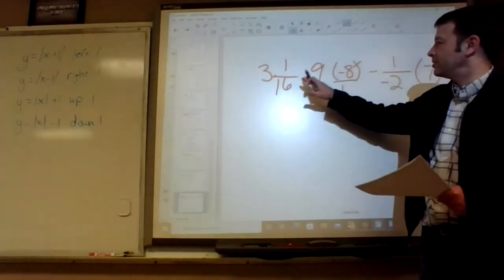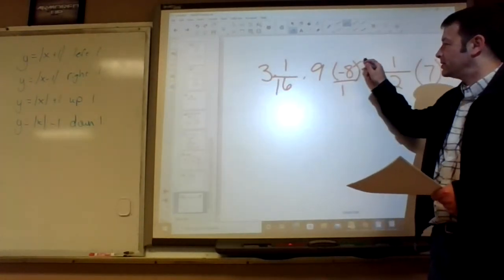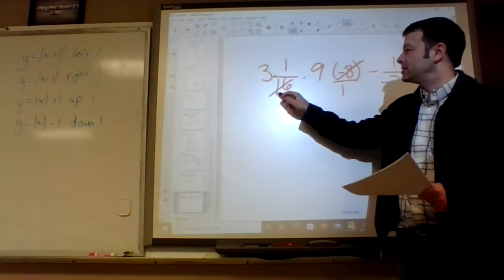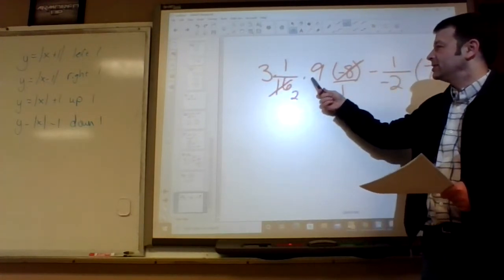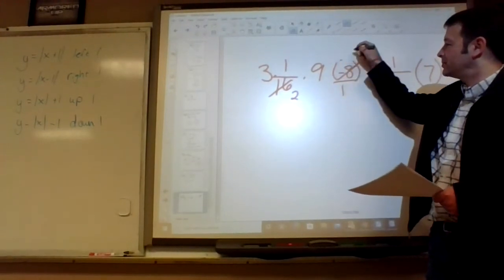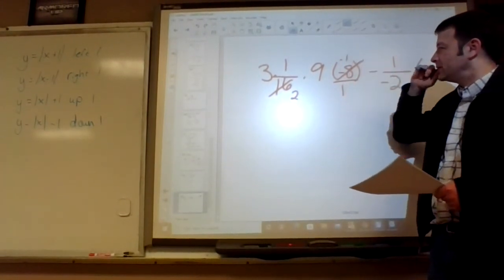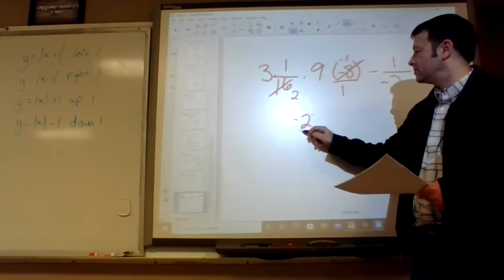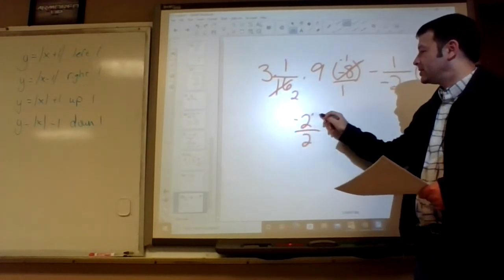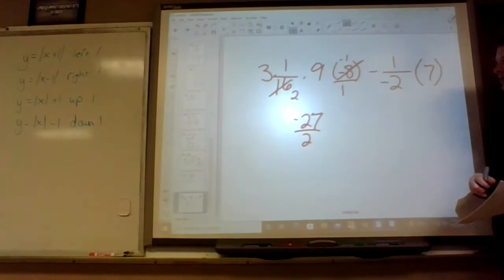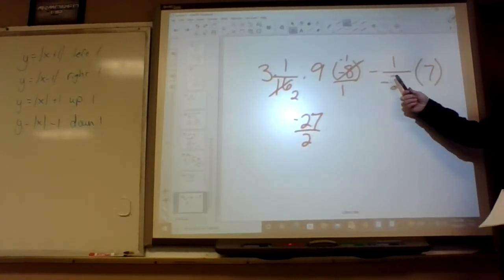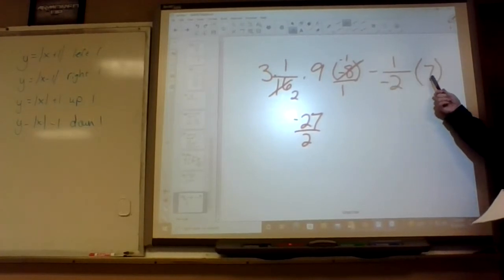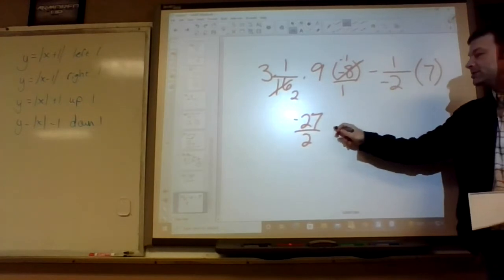You guys remember, all this stuff is multiplied together. I didn't write it very neatly. 8 and 16 can become a 2. What a mess. 3 times 9 is 27 times negative 1 is negative 27 over 2. These are just big. Pretty much guaranteed half the class will get this wrong because it's just too big. Anyway, 1/2 times 7 is 7/2, but it's minus negative, so that makes it plus.